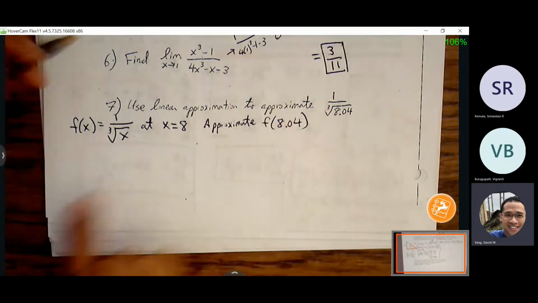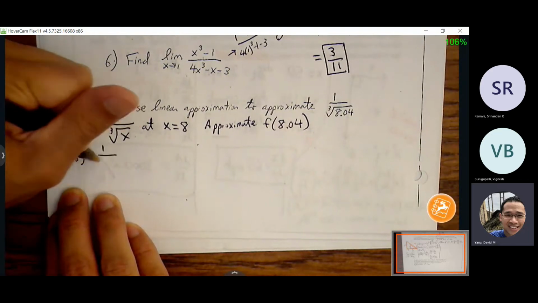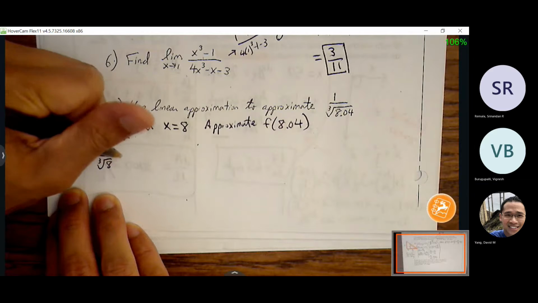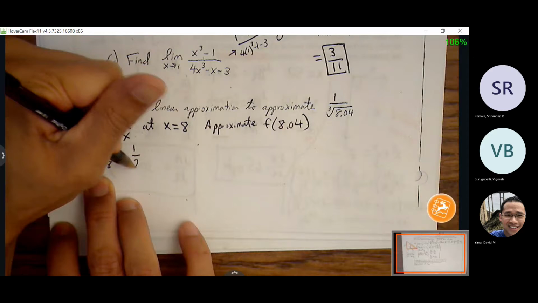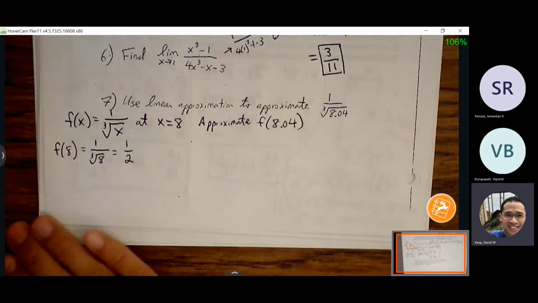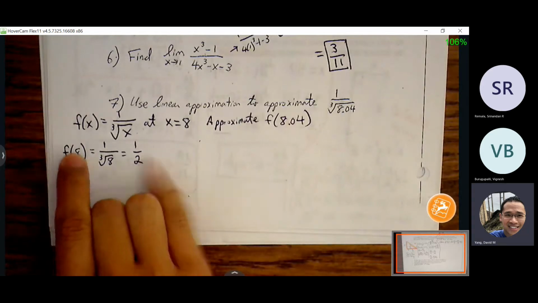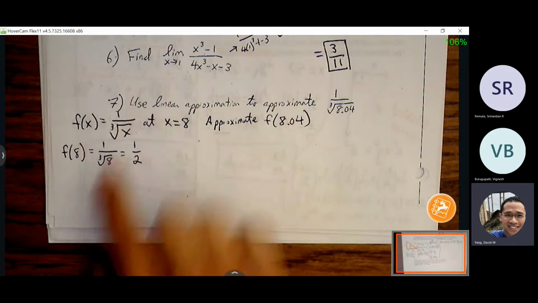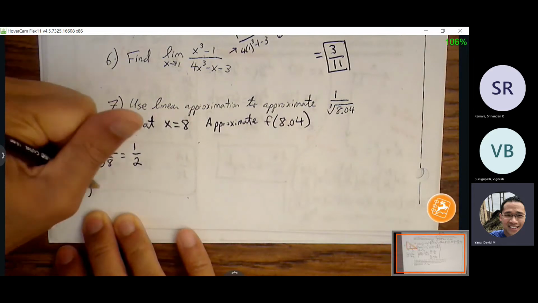All right, let's do the ordered pair first. Cube root of 8 is 2. Ordered pair is 8, 1/2. My y value is 1/2. So I have my ordered pair. Set that aside. Let's go ahead and get our derivative. To get our derivative, we first have to do a little bit of cleanup.